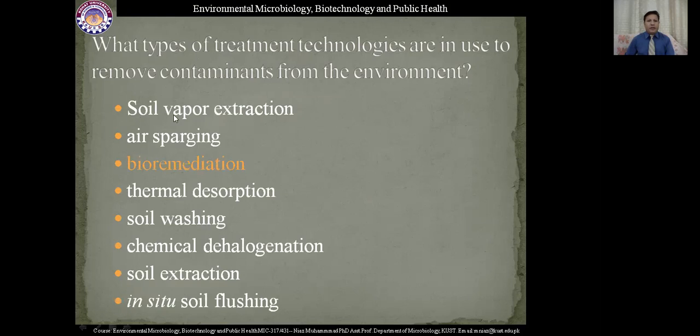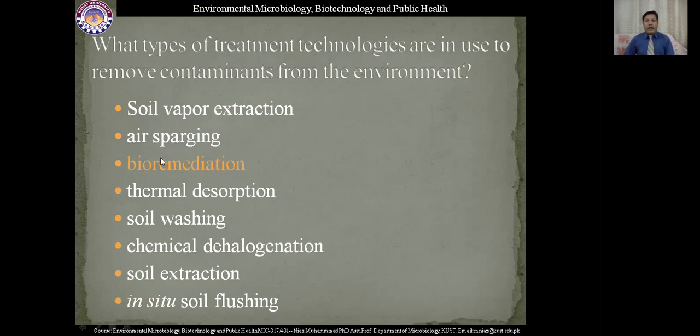Over here you can see soil vapor extraction: where pollution has occurred, we try to convert it into vapor and transfer it from that surface to the air. We are using air sparging: we introduce air for oxidation as well as to increase the microbial population.